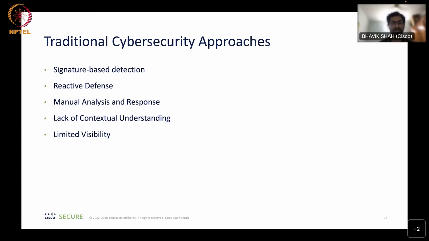You never build that relationship: how did that application or service go down? What was the trigger? What was the entry point? What was the exit point? So basically you don't have the visibility. Like I mentioned, the terrorists entered your territory, but you don't have visibility into how they entered, how they crossed the border.